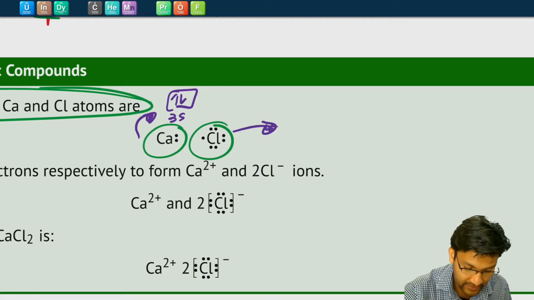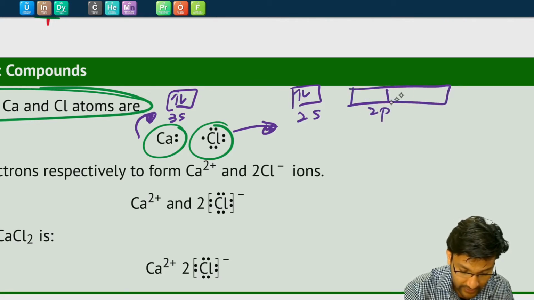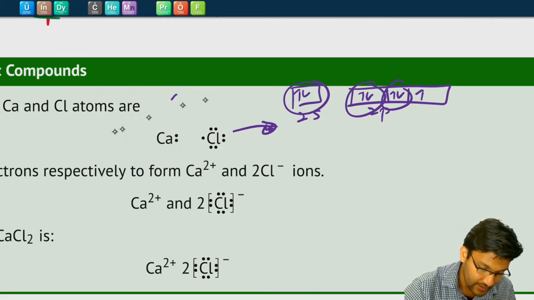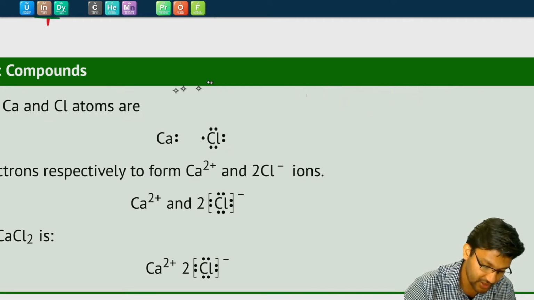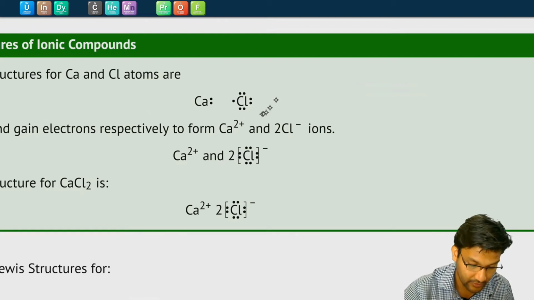And for chlorine, we had the 2s with a pair of electrons, and then the 2p with a pair of electrons in these two, and then 1 unpaired there. So that's why we have 1, 2, 3 pairs. So 1, 2, 3 pairs, and 1 unpaired for chlorine. Okay, so those are the electronic structure of calcium, the Lewis structures for calcium and chlorine.